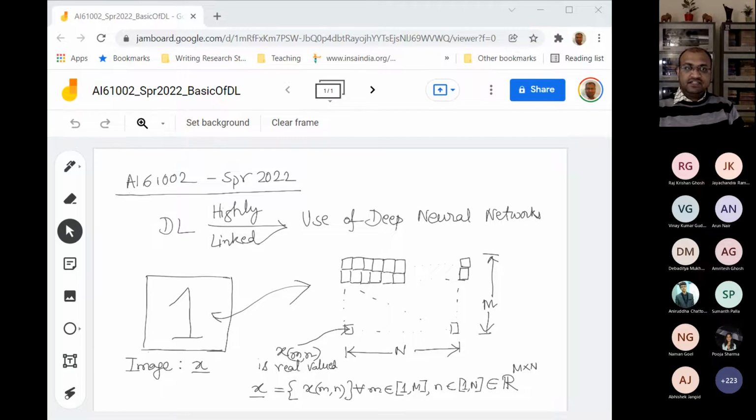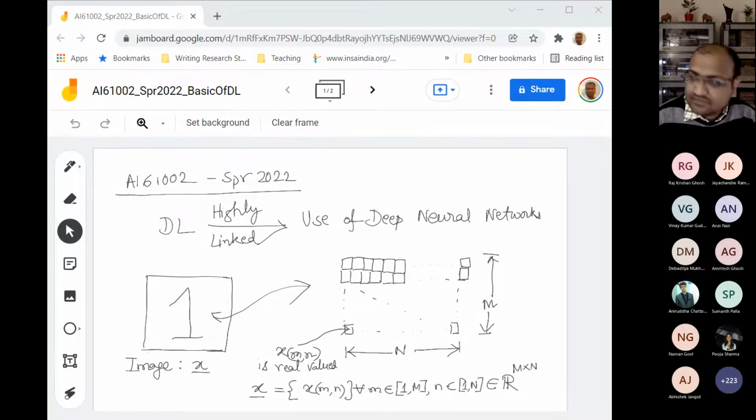So it's essentially a tensor which I am representing. Whenever I write that x belongs to R power M cross N, the two critical pieces of information you have are that x is real valued, every element of x is real valued, and it's a 2D tensor which is M cross N.